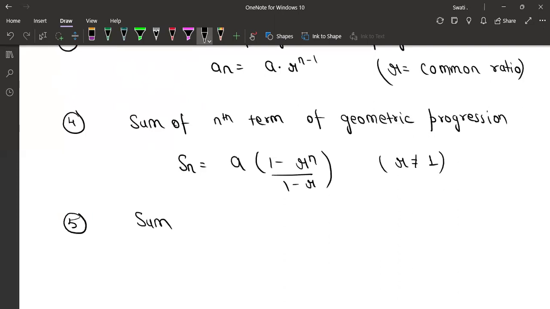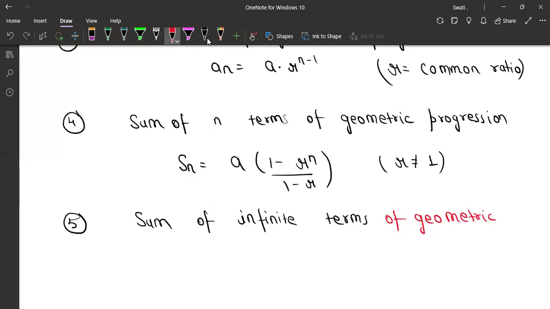Next and the last one, the sum of infinite terms. When you have infinite terms, how can you find the sum? Here it was a fixed number n of terms. So the sum of infinite terms of a geometric sequence has another formula.